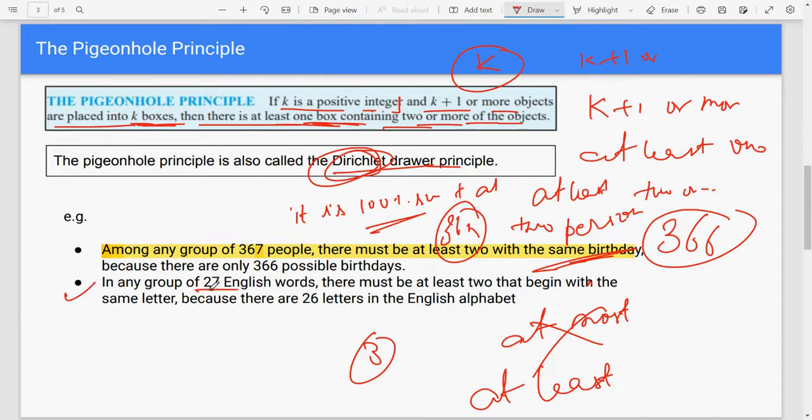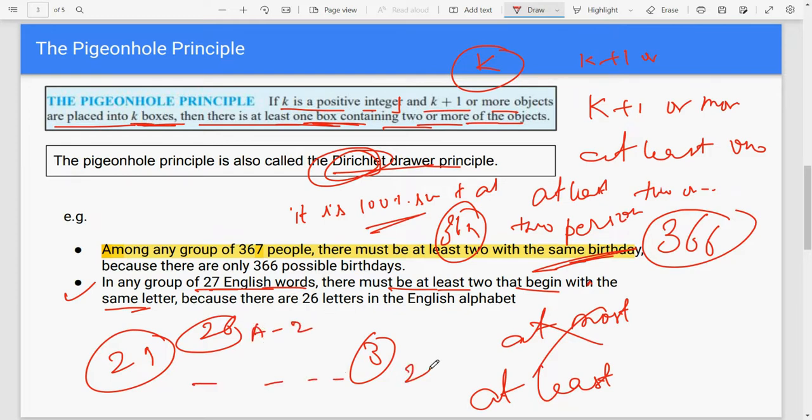Okay, let's discuss the other example. In any group of 27 English words, say we have picked 27 English words randomly, there must be at least two that begin with the same letter. We know that in English there are 26 different letters from A to Z. So if we pick 27 words, it is 100% sure that some two words will start with the same alphabet.